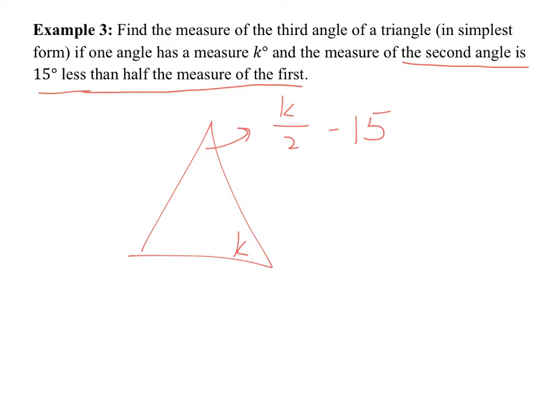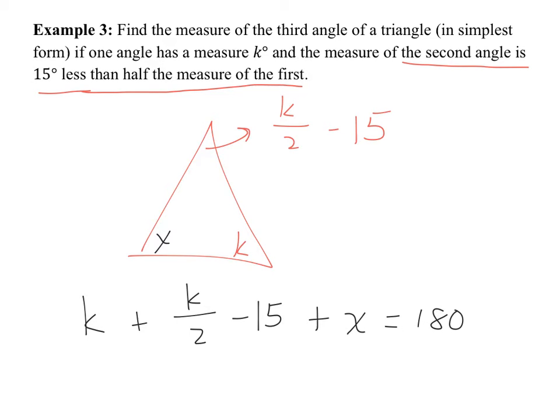Yeah, the sum of all three angles equals 180. So I could say K plus K over 2 minus 15 plus the third angle. What do you want to call the third angle? Don't call it K, obviously. Jeffrey? X. All right, that works for me. Plus X equals 180.